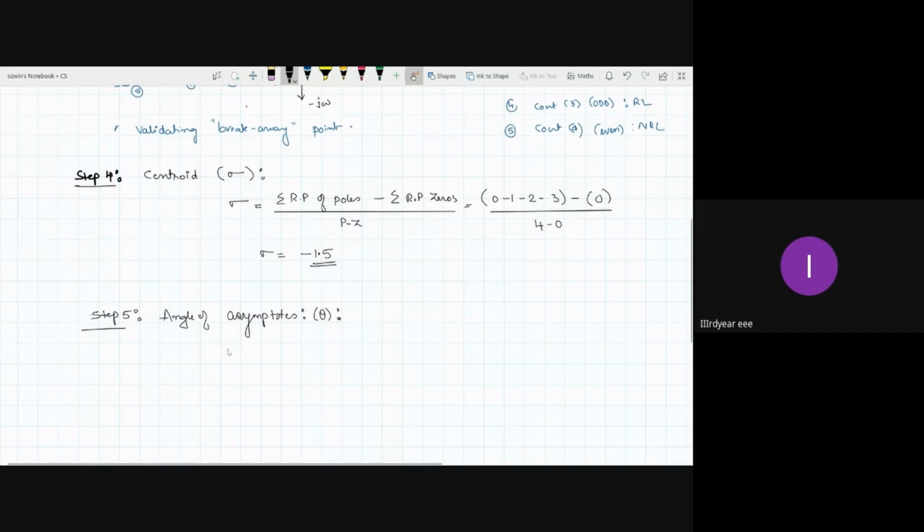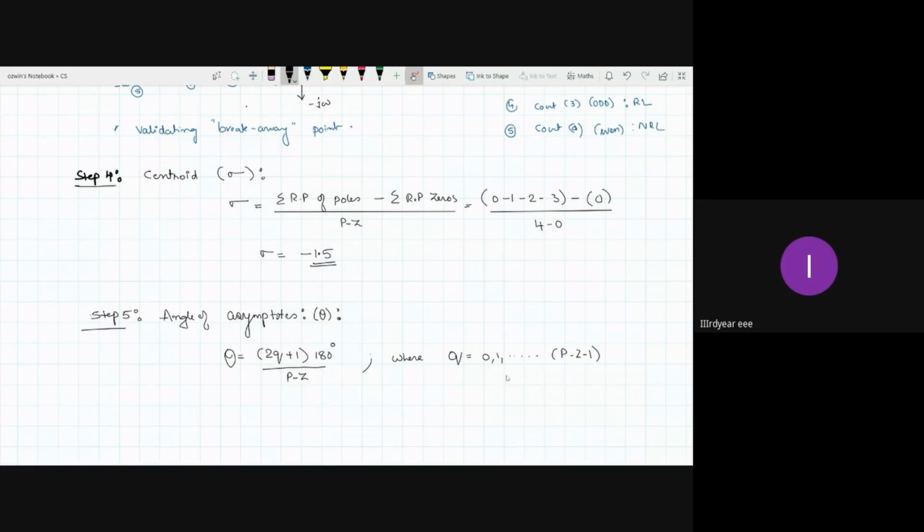So angle of asymptotes, theta, is equal to (2q plus 1) into 180 degrees, divided by P minus Z, where q is equal to 0, 1, till P minus Z minus 1.